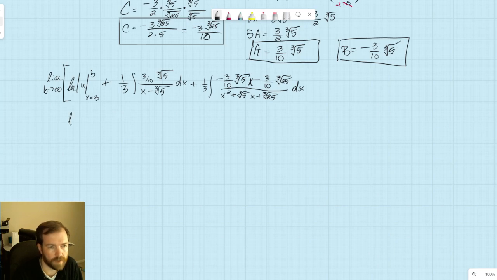We end up with still no natural log absolute value of u was equal to x minus the cube root of 5. Nope, that wasn't it. Nope. X cubed minus 5. X goes from 3 to b.